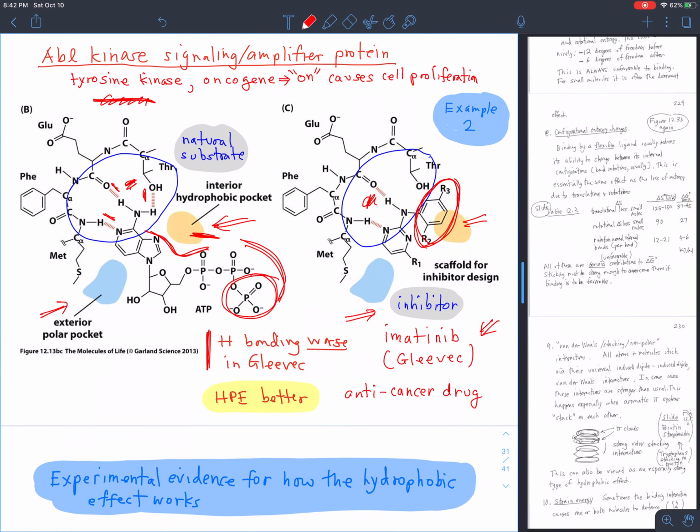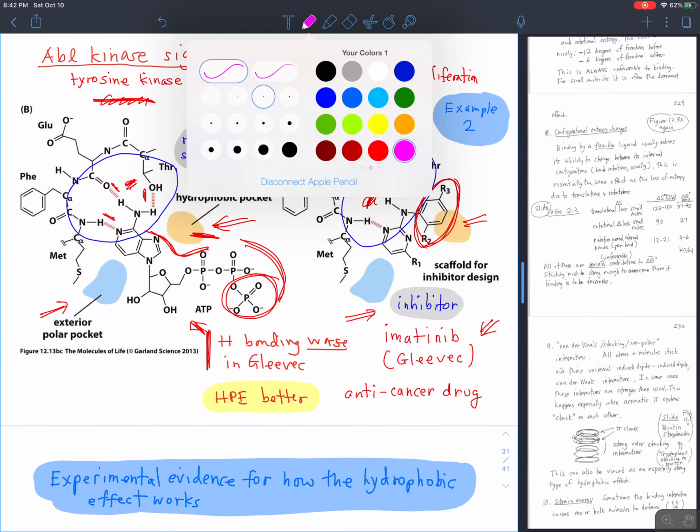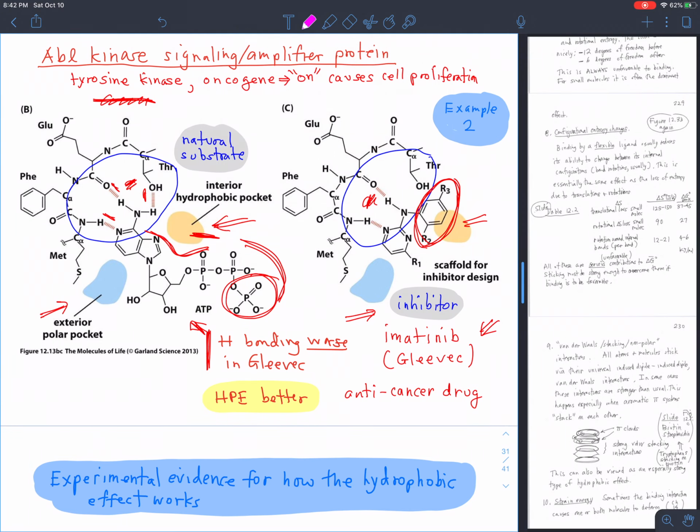So the H bonding, the sticking, the delta H contribution for Gleevec is actually worse than for the natural substrate. And remember that a drug like this, an inhibitor like this, has to bind stronger than the natural substrate, because otherwise the natural substrate will displace the drug. You have to bind stronger so that you displace the natural substrate. And in this case, the delta H, the enthalpic contribution, the binding is actually worse in Gleevec.